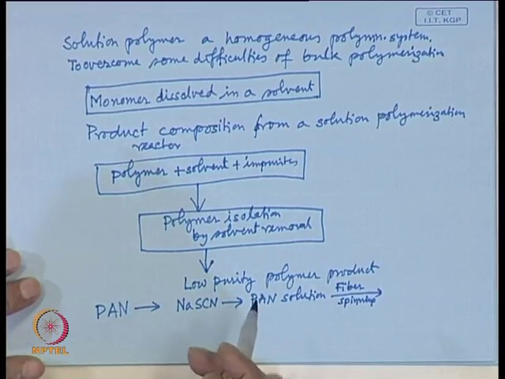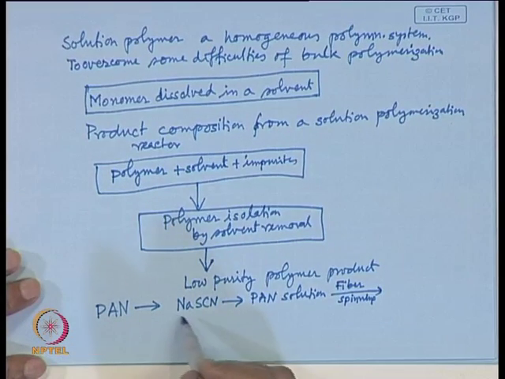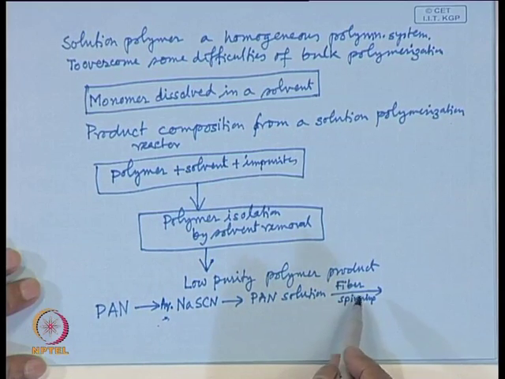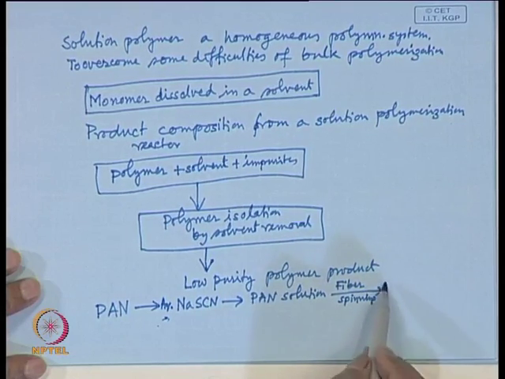So, what is done? This PAN is dissolved in aqueous sodium thiocyanate. It is a very good solvent for this PAN. It gets dissolved, then this PAN solution in sodium thiocyanate solution, so solvent. This is passed through a spinneret for fiber spinning.